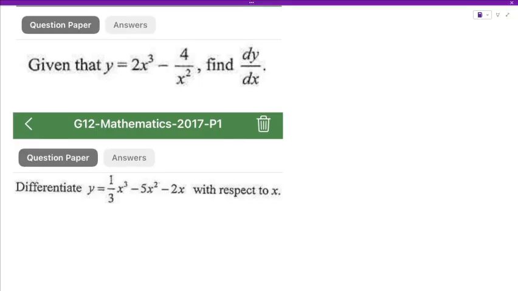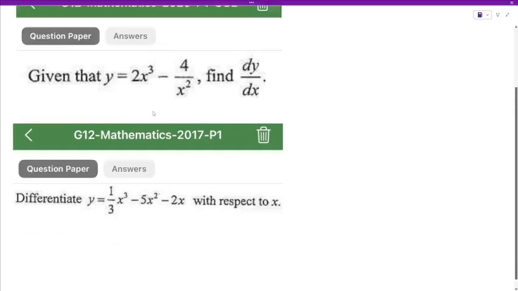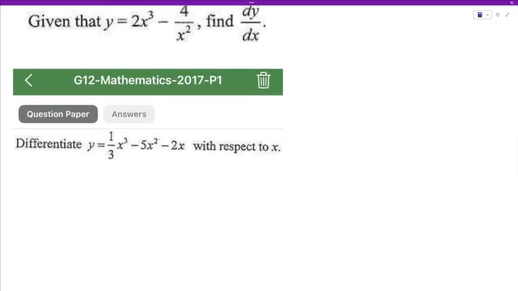Okay, I think that'll be our last question on differentiation. We now go to integration, which is going to be, we're going to start with this one.